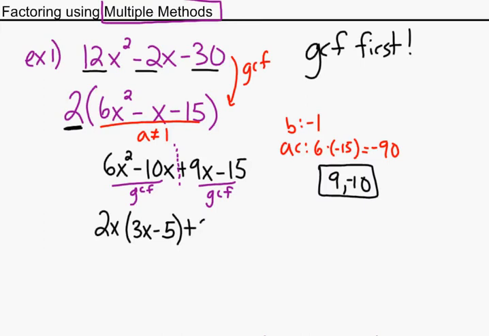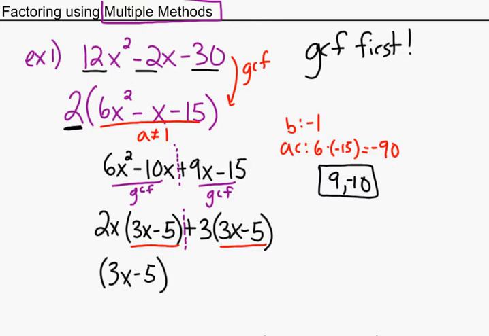So if I pull out a 3, I am going to get a 3x minus 5. Remember, the key to using GCF is getting the same binomial in both of my halves. Because if I look at this, split down the middle still, I'm allowed to yank that 3x minus 5 out front, and then I have 2x plus 3 left, which completes the a is not equal to 1 process.